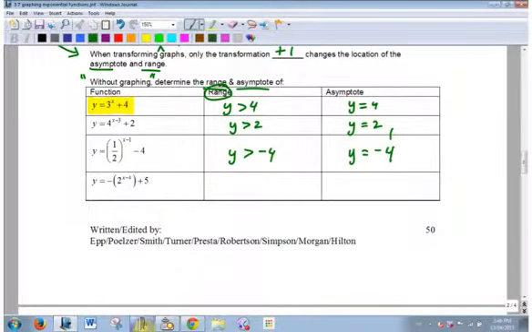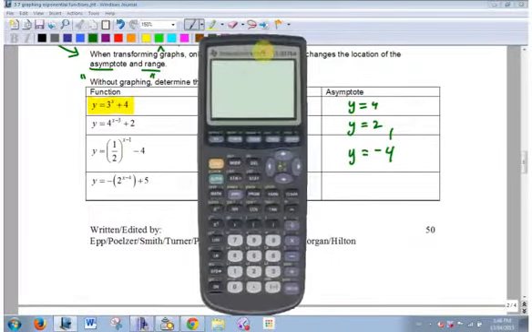You know what? Let's put that in our calculator. Let's prove it. All right, graph it. Y equals (1/2) to the power of (x minus 1) minus 4. It decays. Does that look like an asymptote of -4?